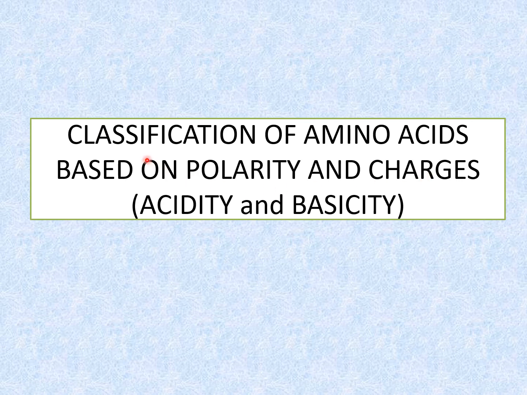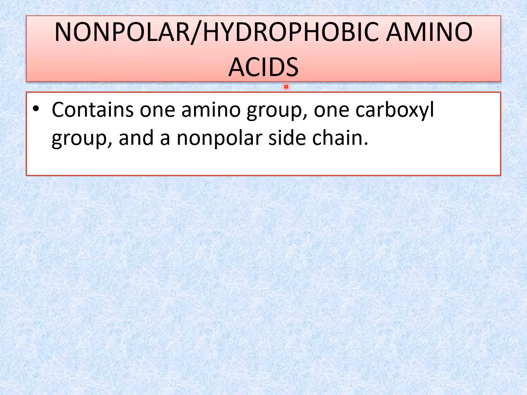All right, now I guess this is the formal discussion on the classification of amino acids based on polarity and their charges. Nonpolar or hydrophobic amino acids contain one amino group, one carboxyl group, and a nonpolar side chain. So I guess you already knew this one, although what we've previously discussed would be the nonpolar hydrophobic aliphatic and aromatic amino acids.